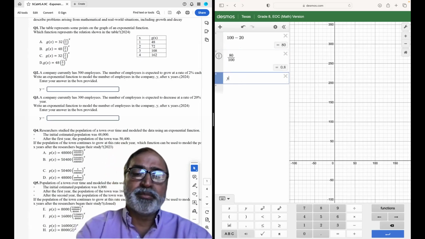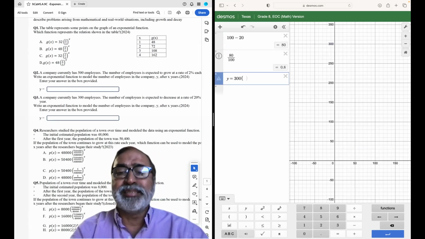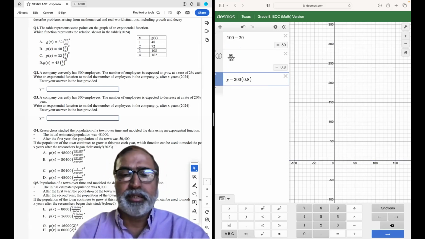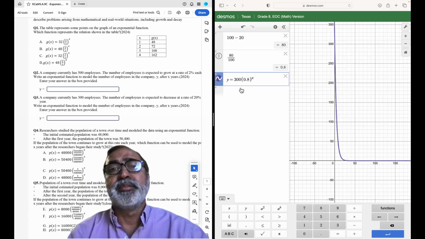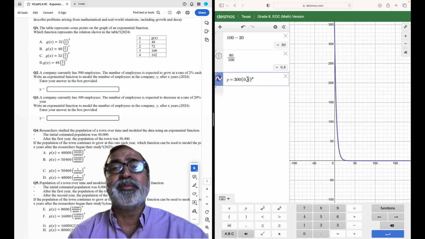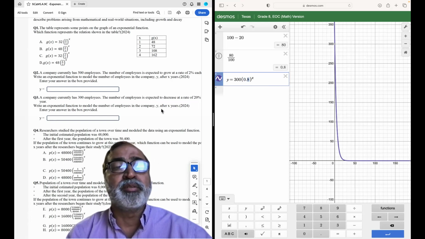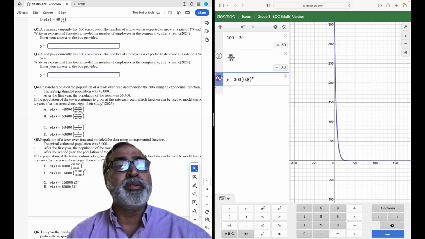So now your equation will be y equals, the initial value is still 300, 0.8 in parentheses to the power x. That's a decay function. An easy way to remember: if it's 0 in the front, it is a decay, but you have to subtract the percentage from 100 to figure out the real growth rate.